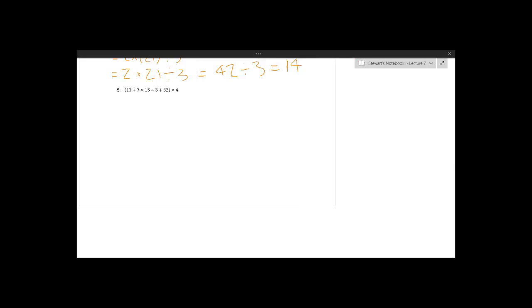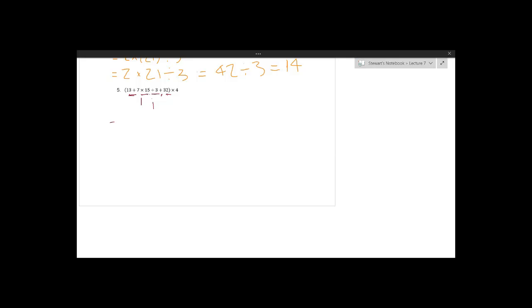So we can see that we have addition, we have multiplication and division, and more addition. So in doing that, we have to evaluate the multiplication and the division first. And since the multiplication and division are next to each other, neither is more important than the other, we're just going to move left to right.